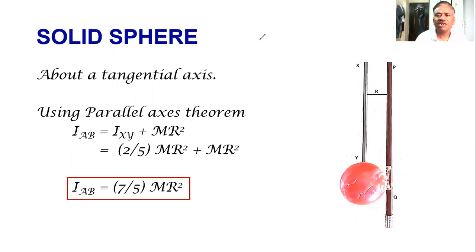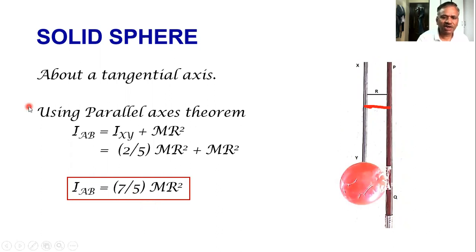About XY, I know the formula: 2 by 5 M_r square, plus M_r square. Why am I using M_r square here? Because the distance between them is R. That's why I use 2 by 5 plus M_r square. What is this value? It is 7 by 5 M_r square.